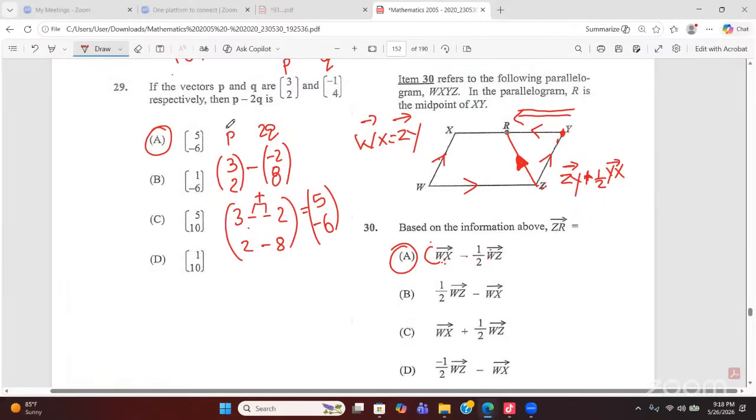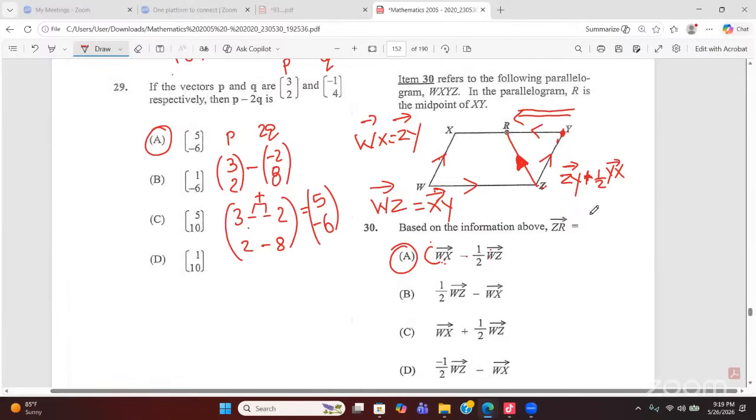Let me go over this again. For this vector question, they didn't put any components on it, but you are looking at the arrow system that they use and helping yourself. Again, let me put another thing here. From W to Z is going in the same direction as X to Y. Because we were going YX, we realized that we have to switch this.